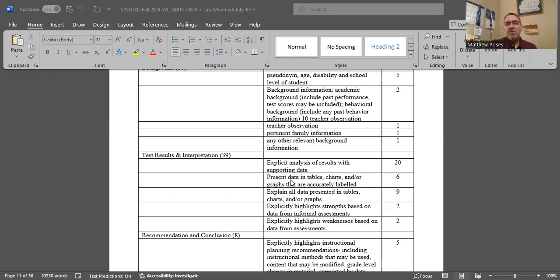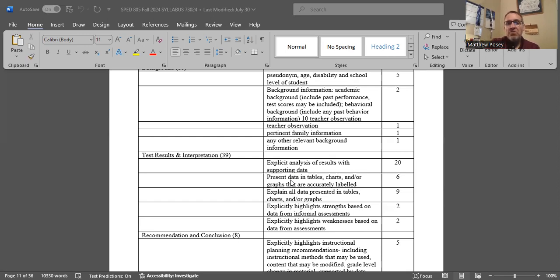Starting off this section, we're going to ask you to provide an explicit analysis of your results, including the data you collected, and then displaying it in a visual representation. We want you to present it in a table, chart, or graph that's labeled. And then right under that, we're going to have you give a written explanation of the data that you have selected to put in that visual representation.